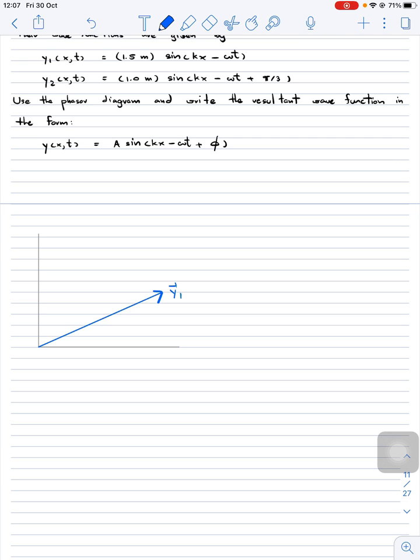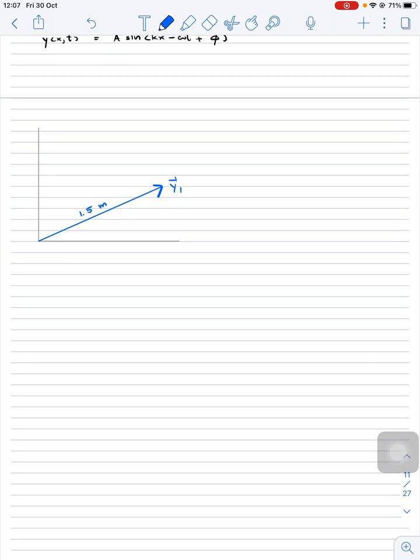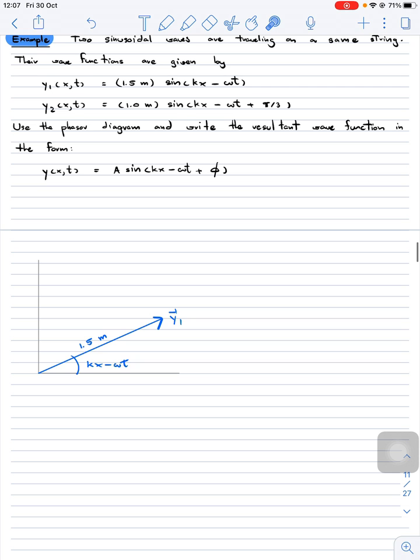The 1.5 meters. And this angle is equal to kx minus omega t, because we say that the argument of the sine or cosine function is the phase of the vector. Now for y2, the length is equal to 1 meter, so y2 should go to something like this.